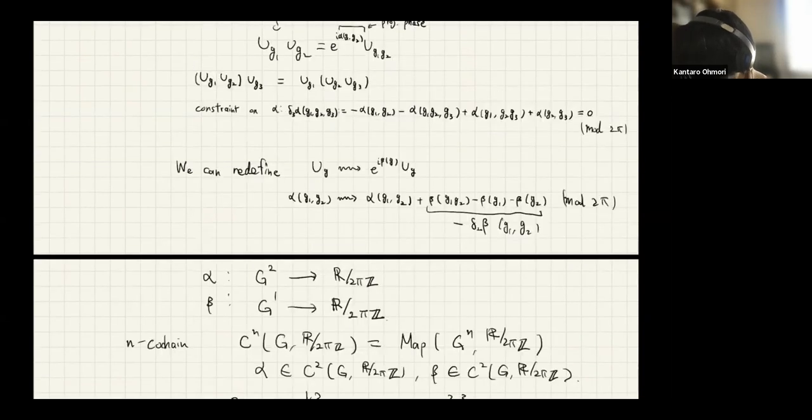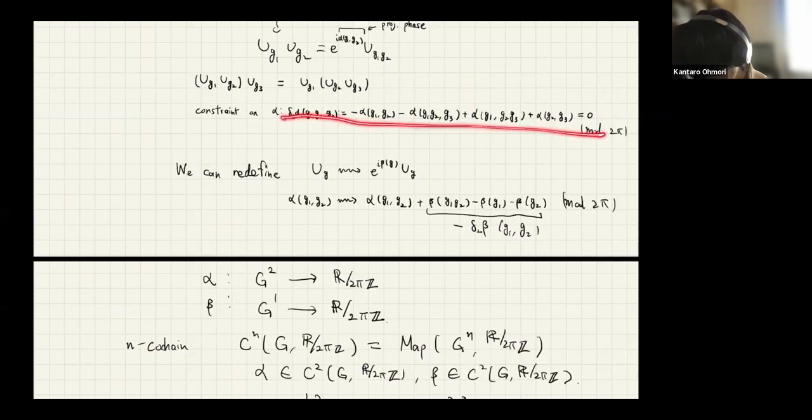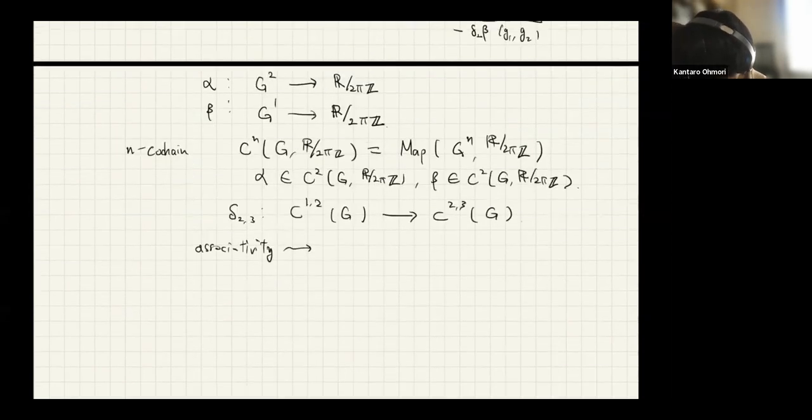So the associativity told us that delta 3 of alpha equals 0, and this is called the cocycle condition.